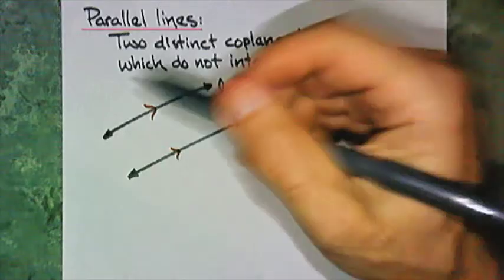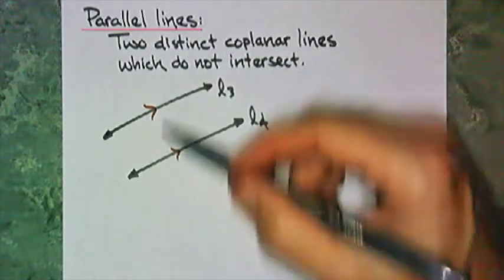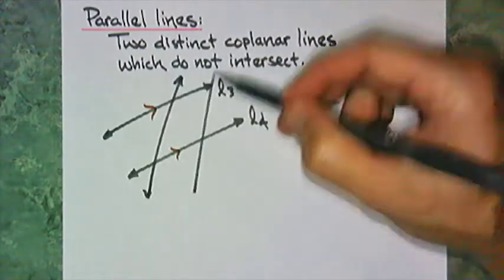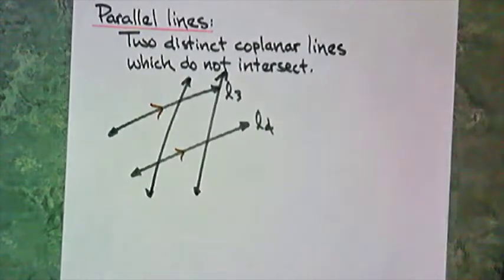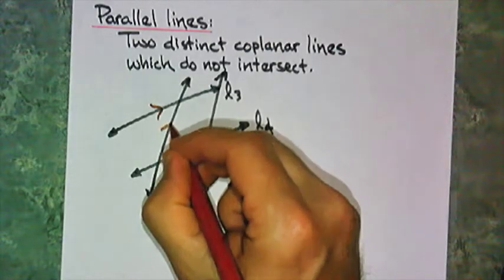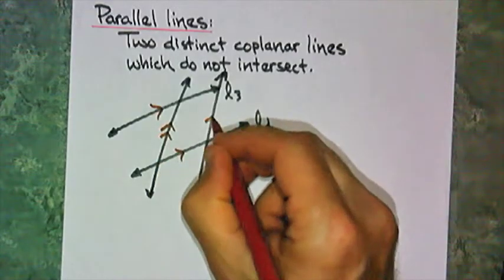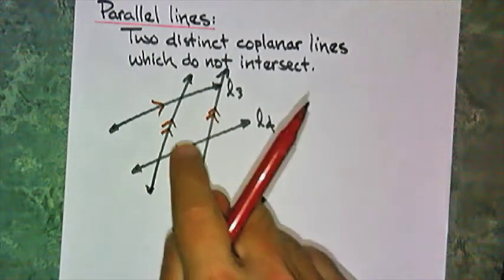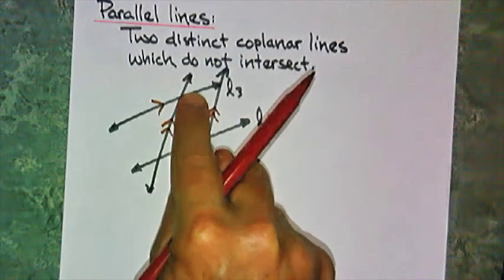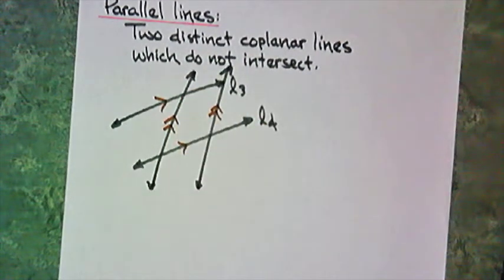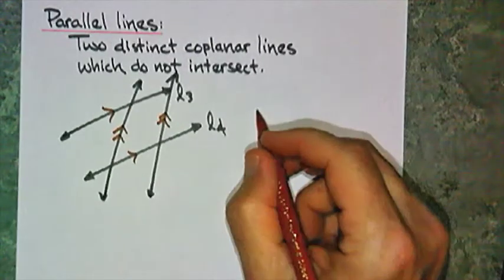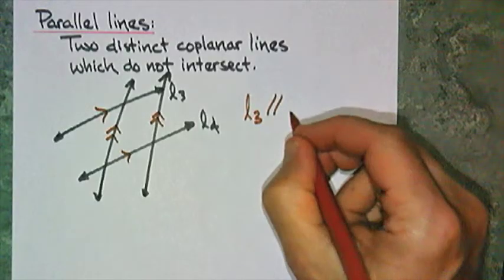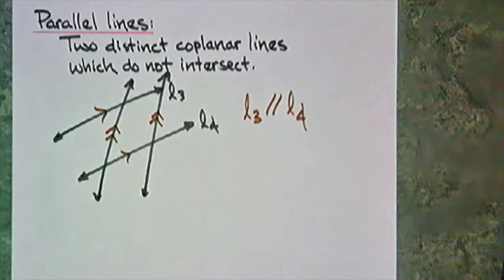If I have another set of lines that are also parallel, and maybe not parallel to 3 and 4, maybe they're going this way, I might use double arrowheads, because I don't want to get anybody confused that this one's parallel to this one, because obviously it looks like they intersect. Okay, another way of writing it symbolically, I can say line 3 is parallel to line 4.